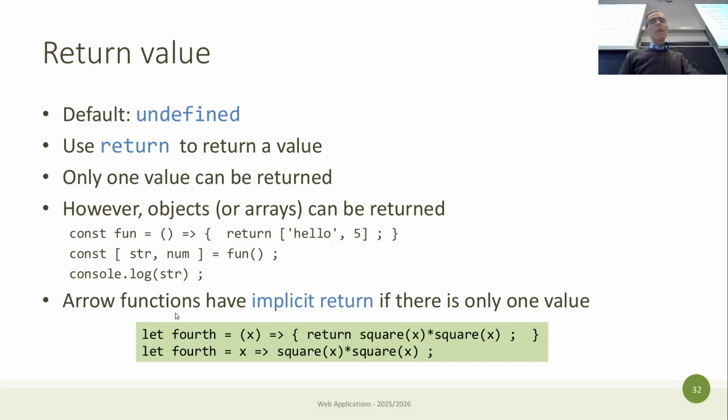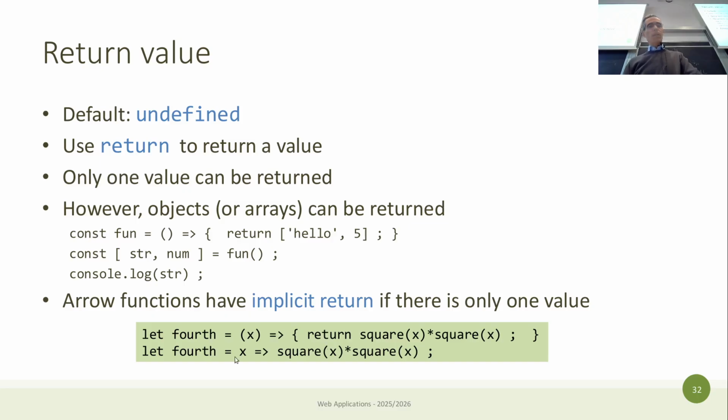Just be careful, these arrow functions have an implicit return value if there is only one value. So before we wrote x, return square times square, return with the curly brackets.